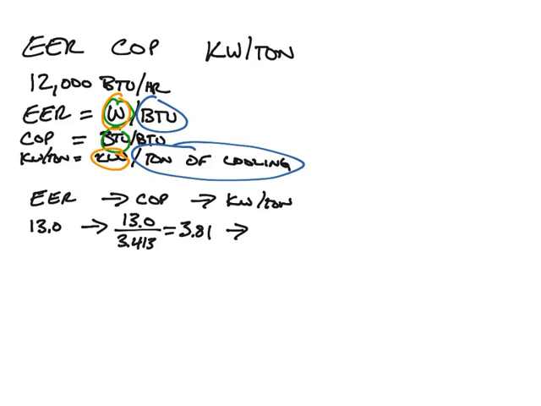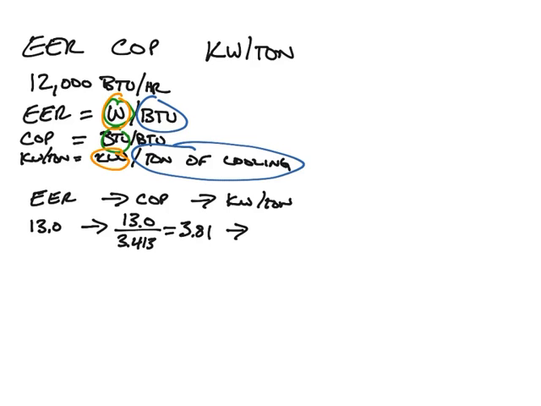So you can think of taking the 12,000 BTUs per hour for a ton of cooling and dividing that by 1,000, and now you've got a formula that's looking at 12 instead of 12,000, because we're taking out the thousands.